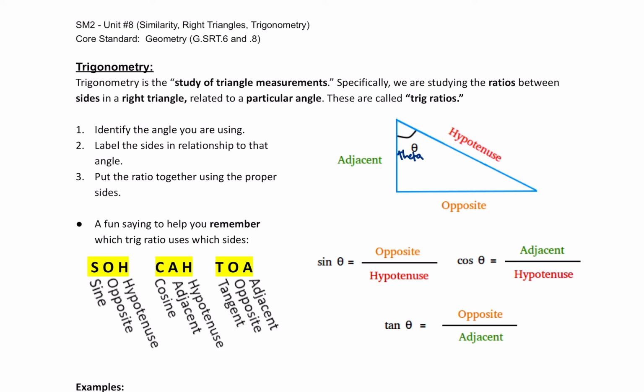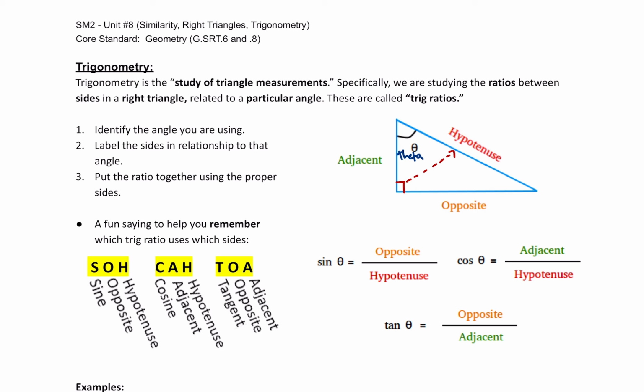Okay. So the first and the easiest side to label is always the hypotenuse. The hypotenuse is always straight across from the 90-degree angle, or it's the longest length. So that would be our hypotenuse.